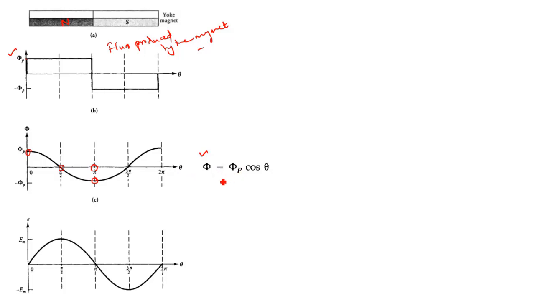Now if I find the induced EMF in the coil, it will be minus d phi by dt, the negative sign of d phi by dt. If I take the derivative of this, it becomes phi p sine theta d theta by dt.